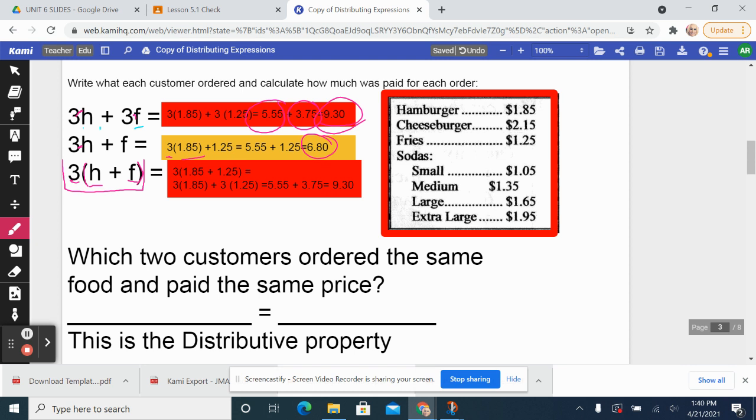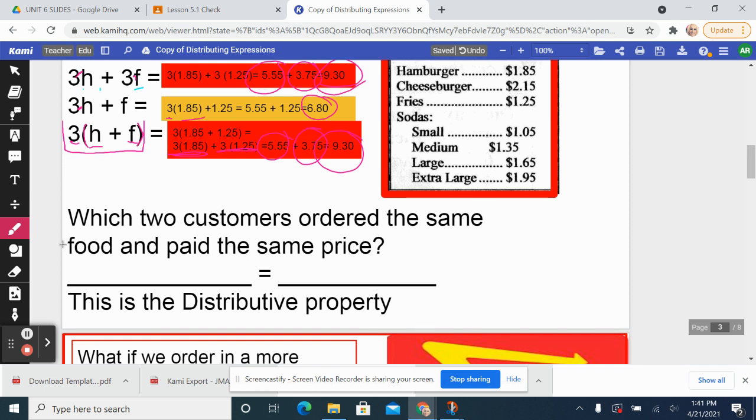You could also just do it step by step, which is kind of what I did just to be consistent. So I did 3 times the $1.85 plus 3 times the $1.25. I kind of brought it down here. You got 3 times $1.85 and 3 times $1.25. When you simplify or you multiply them, you get $5.55 and $3.75. You add them and you get $9.30.